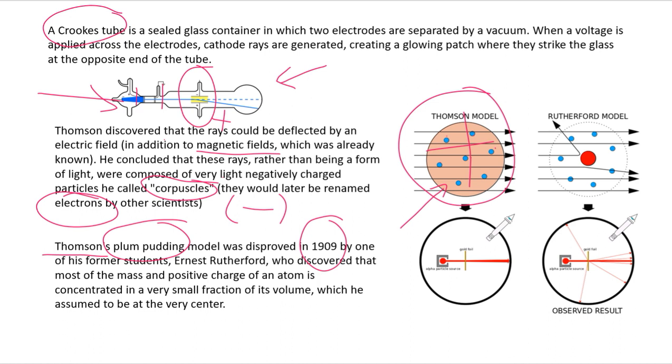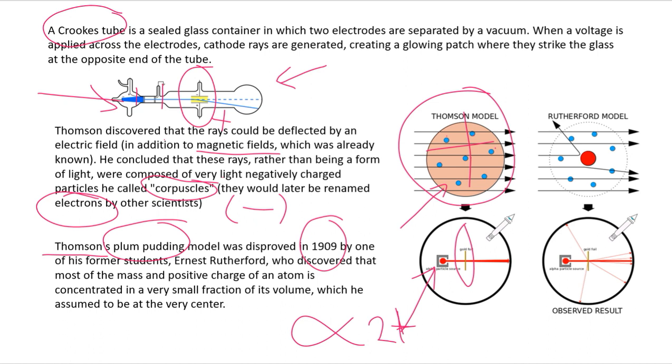After that, immediately Rutherford, one of his students, used a source of alpha particles that were positive, and these rays went through a very thin gold foil.